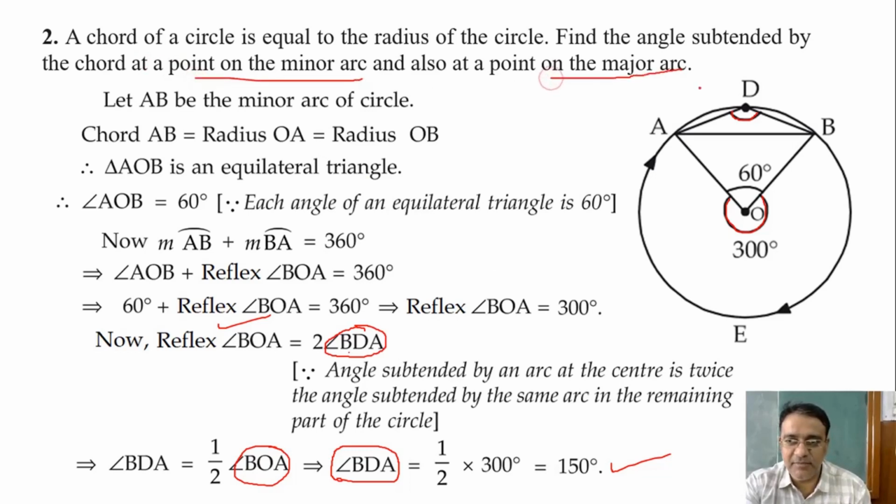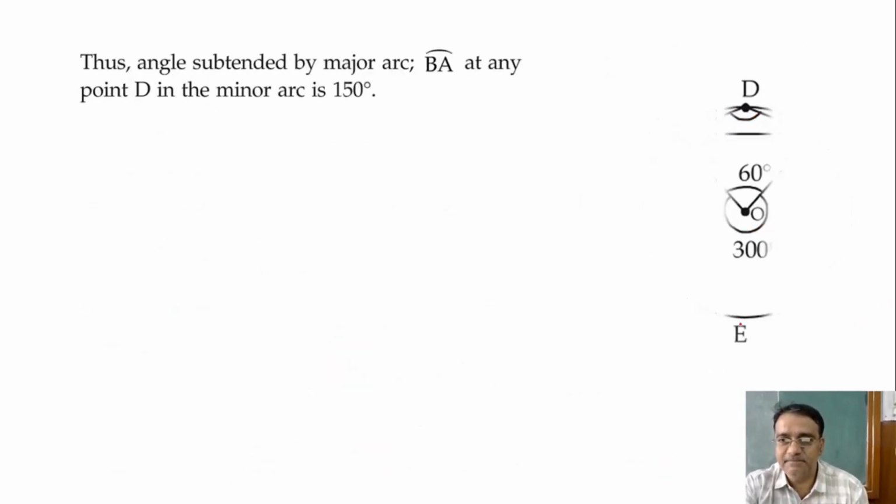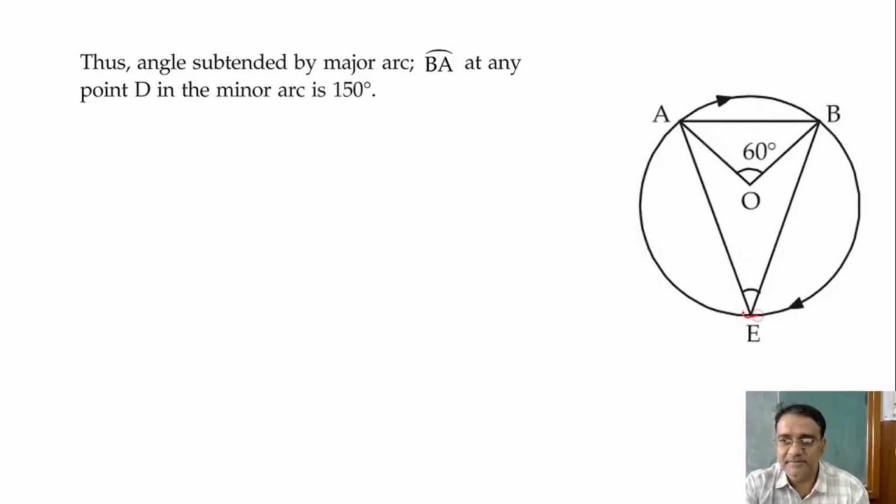Now we are going to take a point on the major arc. So for the major arc, we are taking a point here. Now this angle AOB is 2 times angle AEB by using the same property, that is, the angle subtended by an arc at the center is double the angle subtended by it at any point on the remaining part of the circle.